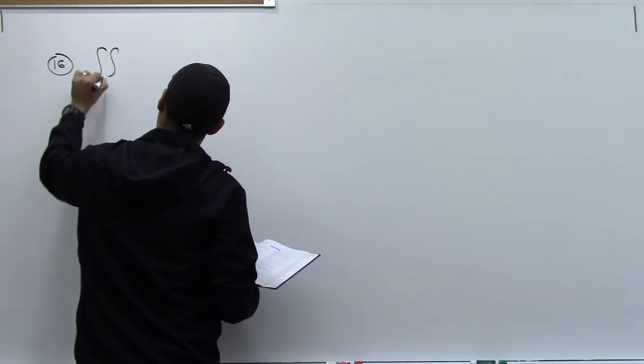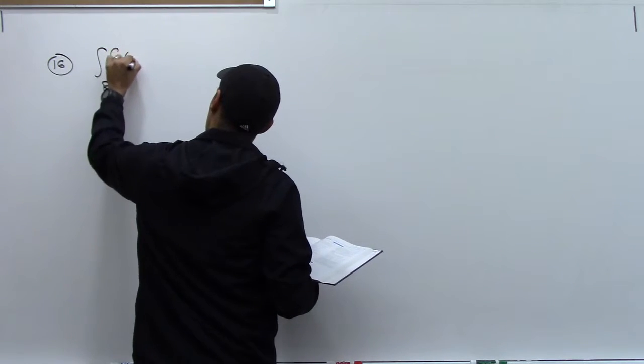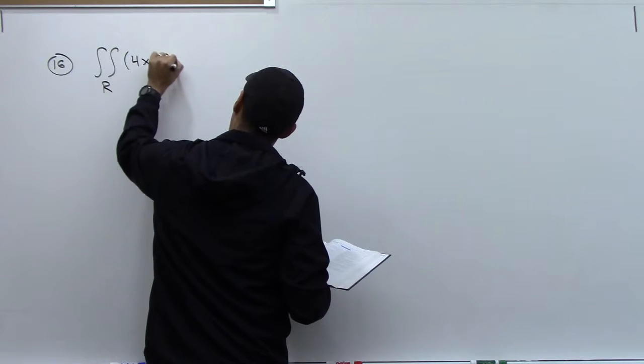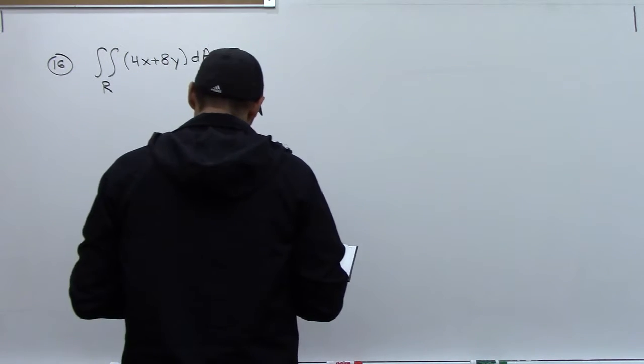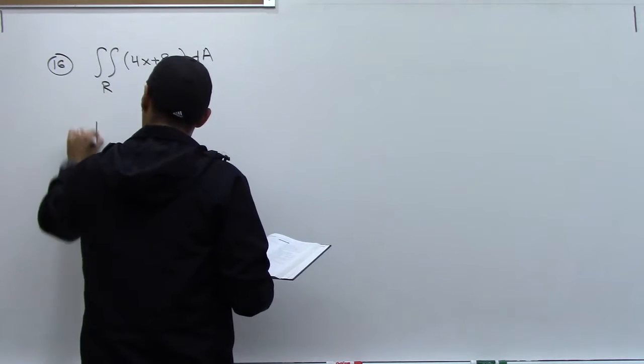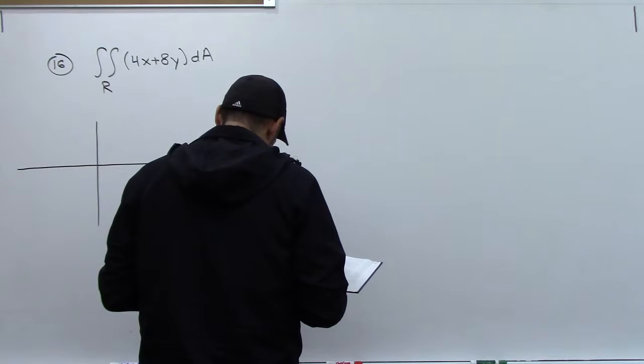Double integral over R of 4x plus 8y dA. And we have a parallelogram that has the following points as vertices.